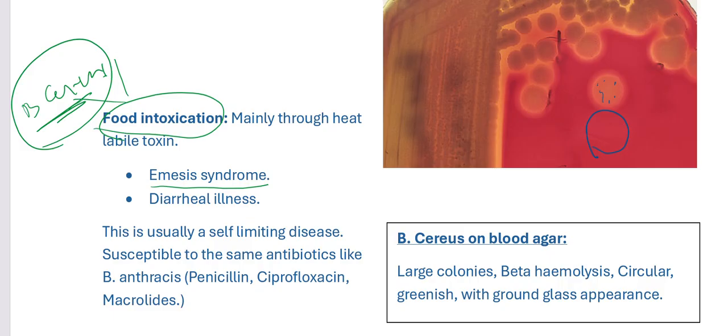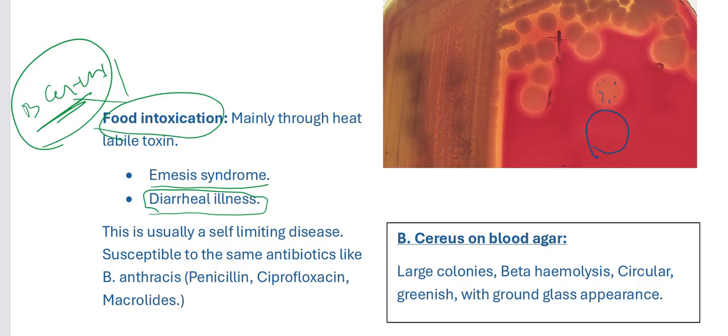But after 6 to 8 hours, if the organism itself was in the food product inoculated with Bacillus cereus, the patient will acquire a diarrheal illness from the organism itself adhering to the intestinal mucosa and causing destruction.